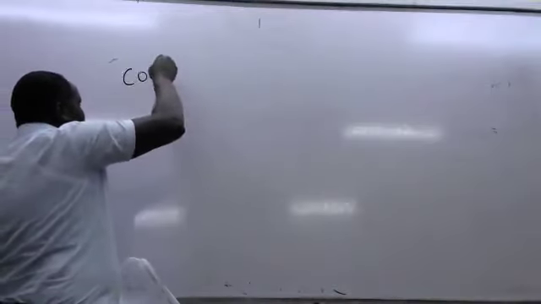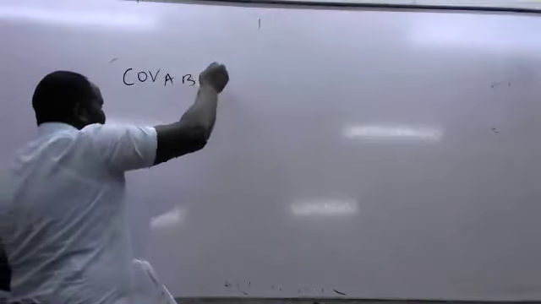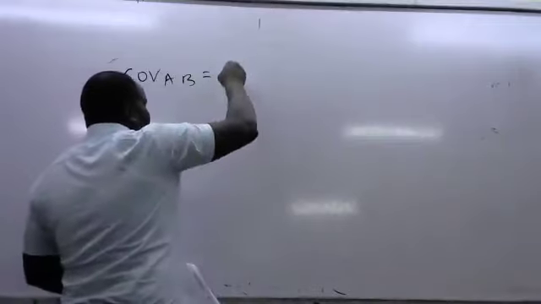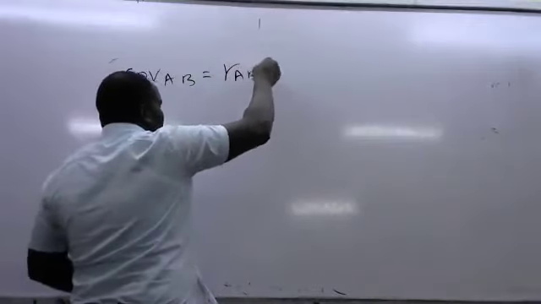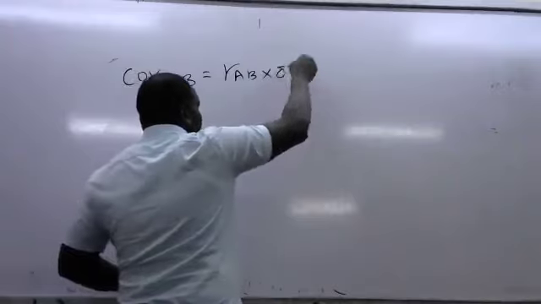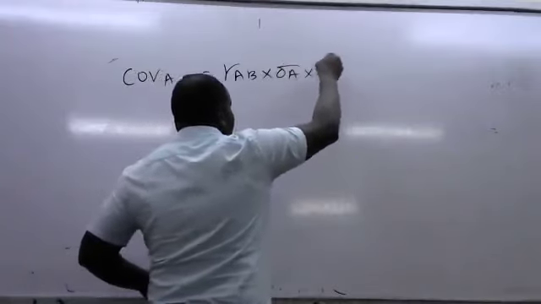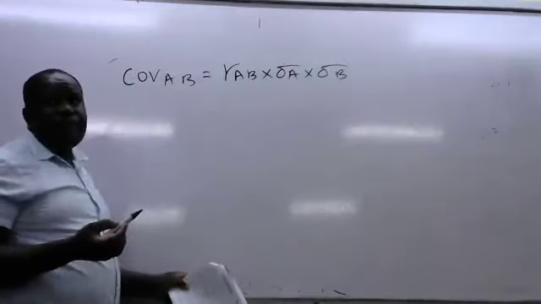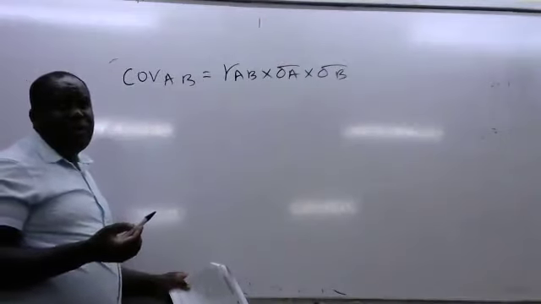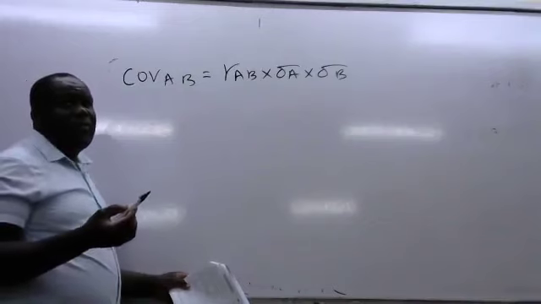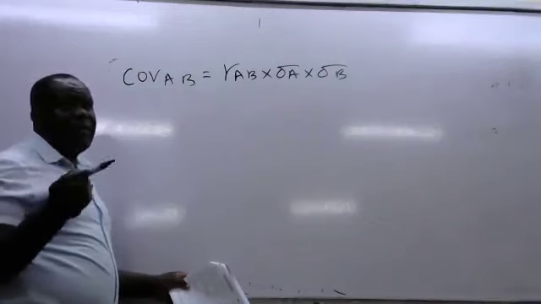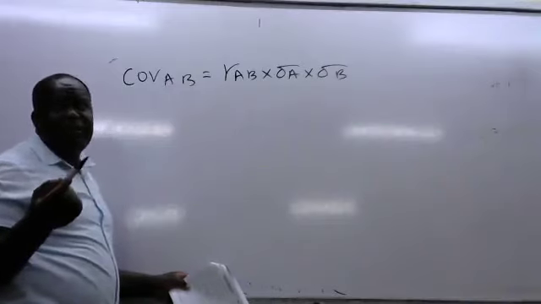To get the covariance between A and B, because the question gave the correlation coefficient, we just take the correlation coefficient between A and B, multiplied by the standard deviation of A, multiplied by the standard deviation of B. You remember there's a formula I gave you, then we make the covariance the subject.